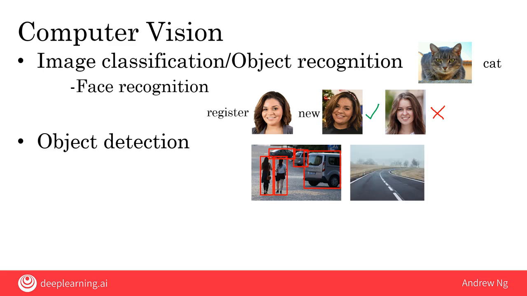An object detection algorithm can also take as input a picture like that and just say, nope, I'm not finding any cars or any pedestrians in that image. So rather than taking a picture and labeling the whole image, which is image classification, instead an object detection algorithm will take as input an image and tell us where in the picture different objects are, as well as what are the types of those objects.